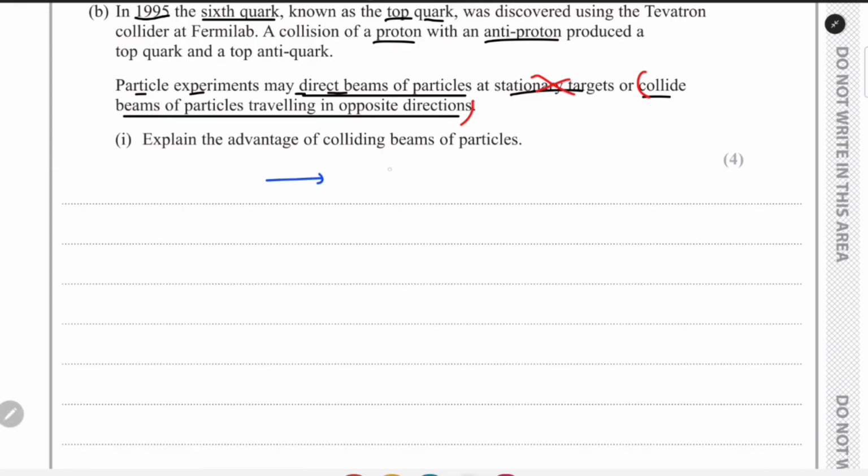However, if we have another one moving in the opposite direction, the resultant momentum can be 0. So the initial momentum over here is 0, so the final momentum will also be 0. So all of the energy can be converted into mass.